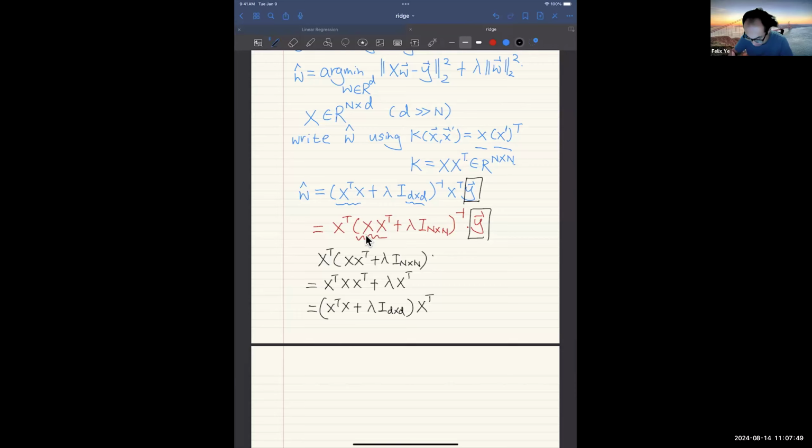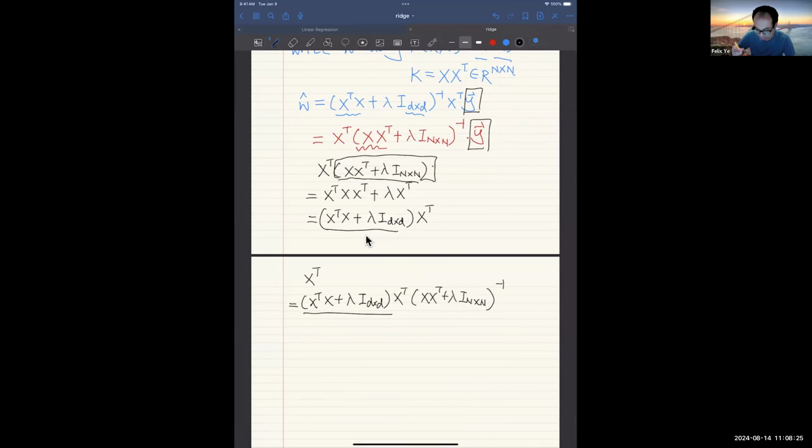Then we know they are all invertible for those parts. I'm going to take the inverse of the first part first. So this becomes X transpose equal to X transpose X plus lambda identity D by D times X transpose X transpose plus lambda identity N by N, inverse. Then we take the inverse for this part.